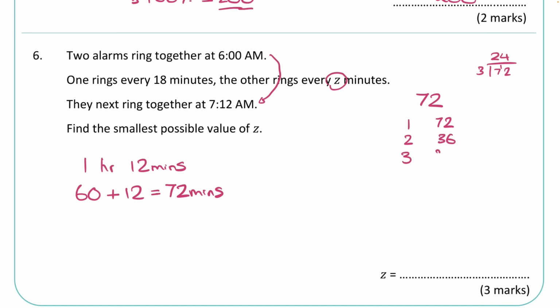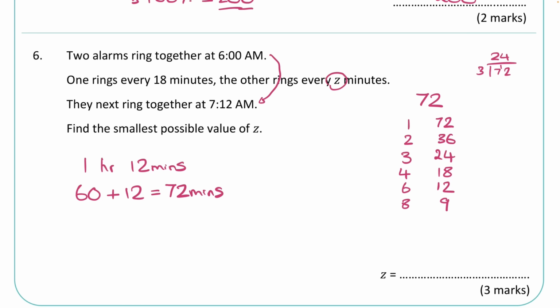There we go, so 3 and 24. 4 goes in half the amount of times that 2 does, so 18 times. 5 doesn't go in. 6 will go in half the amount of times that 3 does, so 12. 7 doesn't go in. 8 will go in half the amount of times that 4 does, which is 9. Of course, we should know that one anyway, but there we go.